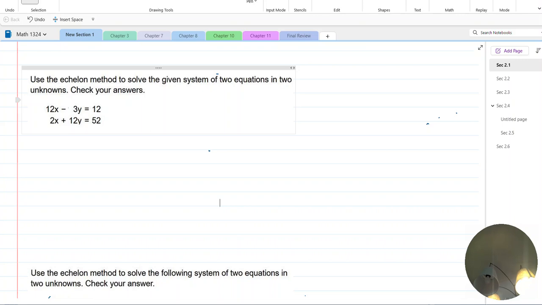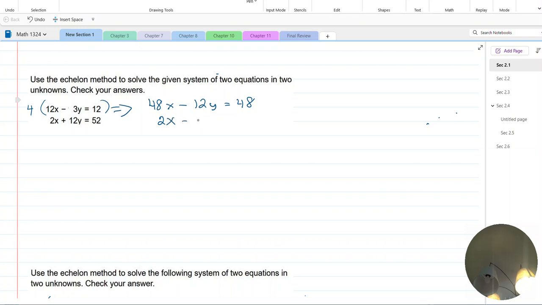So in this example, we don't have it as easy as we did on the first one, but we notice that we have a negative 3y, and we can convert it to 12 by multiplying it by 4. So this would give me 48x minus the 12y equals 48. And then bringing about the next one, and I add, I'm going to have 50x equals 100.